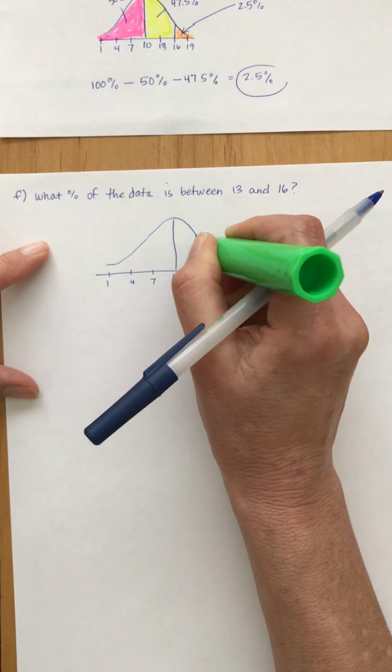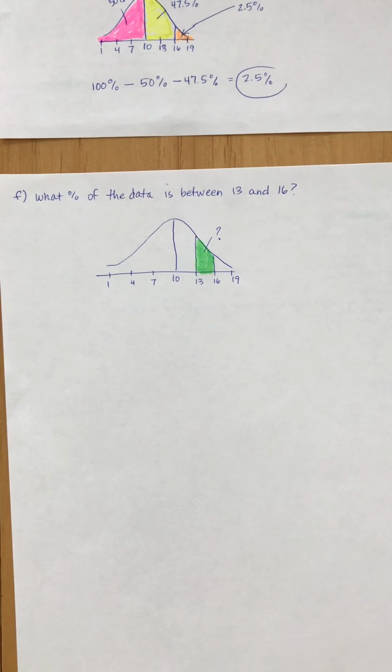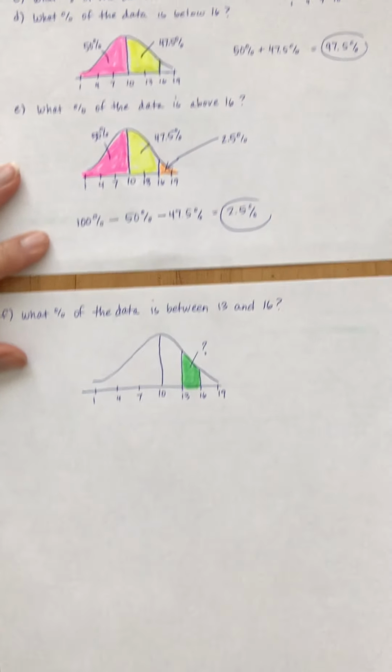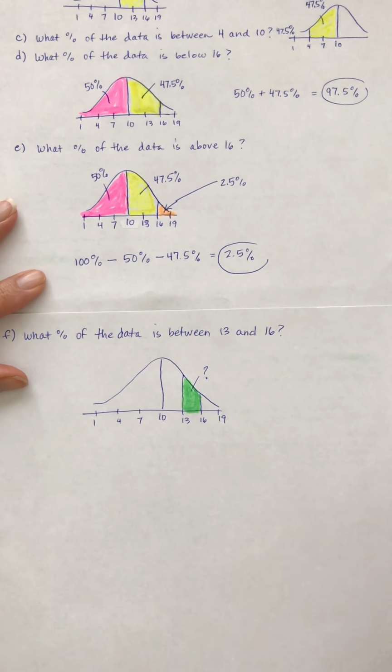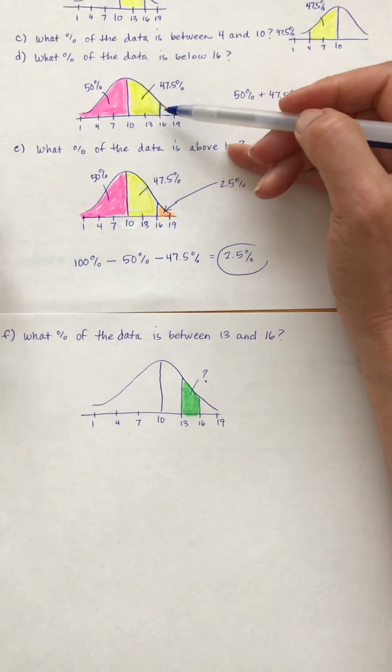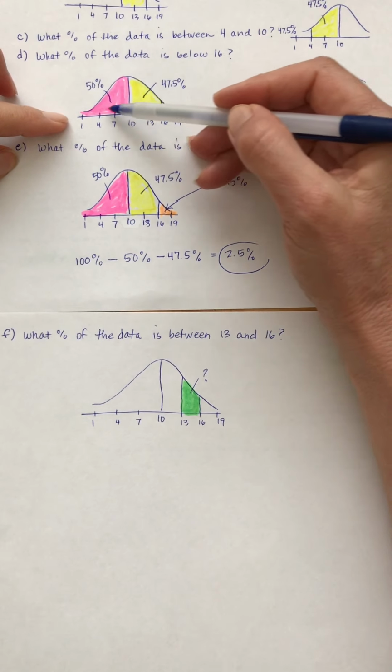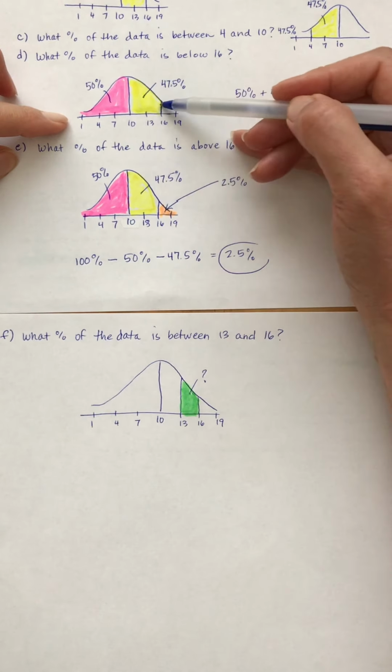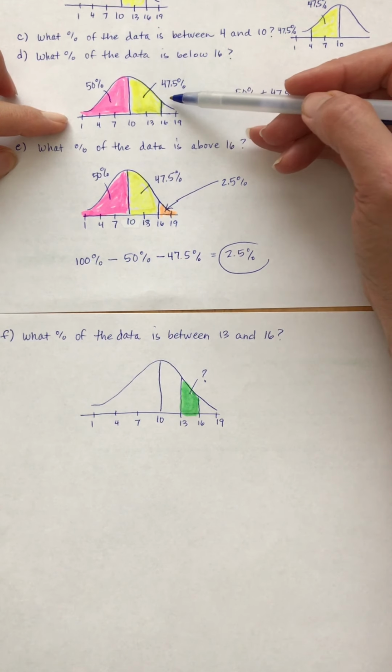That's what we're being asked to find. So somehow we have to figure out what this is going to be. If I look back at my pictures, do you notice that you know what 16 and below is?